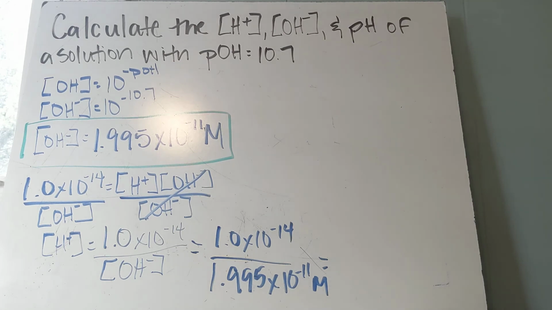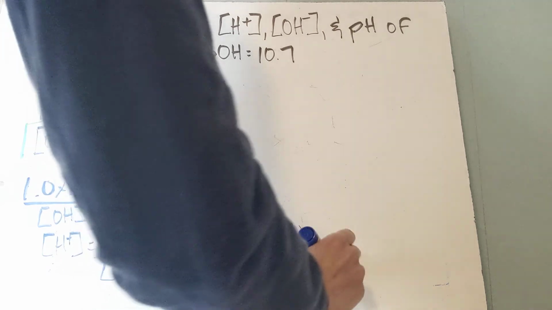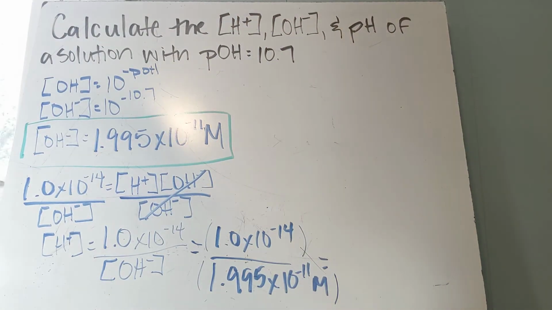So I can plug that into my calculator, remembering to put parentheses around both the top and the bottom. 1.0 ... and that's not right.